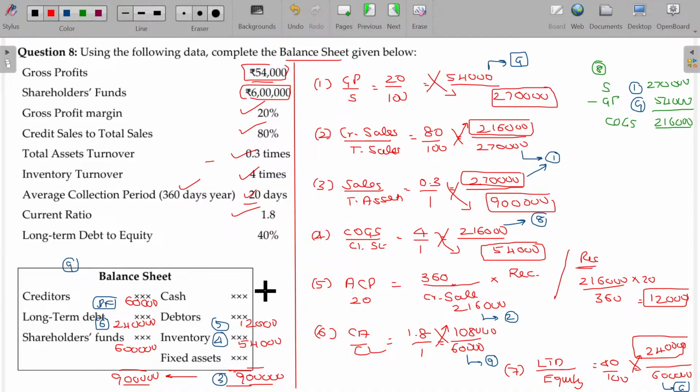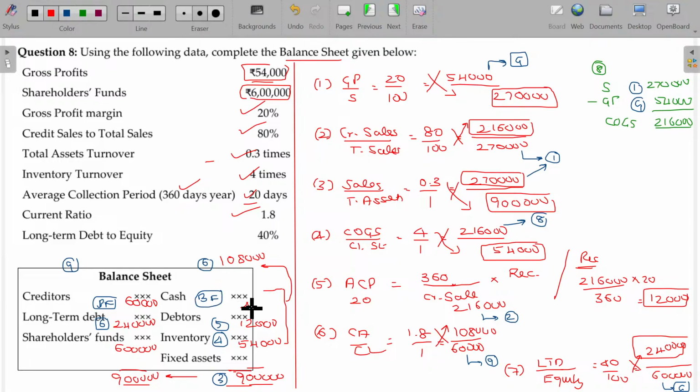Current assets being the summation of cash, debtors, and inventory, all the 3 together, which is 1,08,000 rupees. So from this it's very clear. This 1,08,000 we got from working note number 6, and in the balance sheet the cash should be the balancing figure.